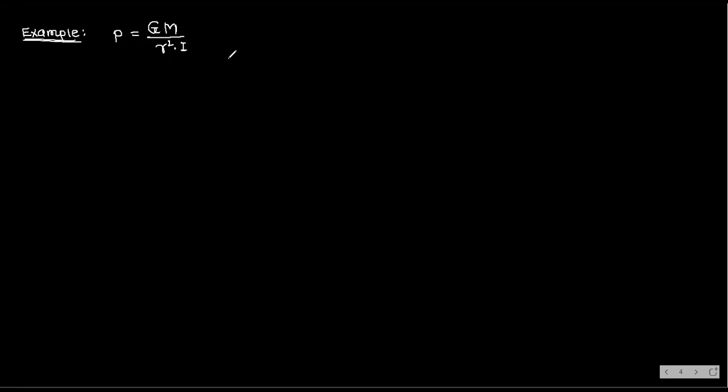Now, what is G, what is Gm, what is R square, what is I, and what is P? I'm not writing or checking this relation, already you know. Let's check this. So P is what? Pressure. P is pressure. G is universal gas constant.